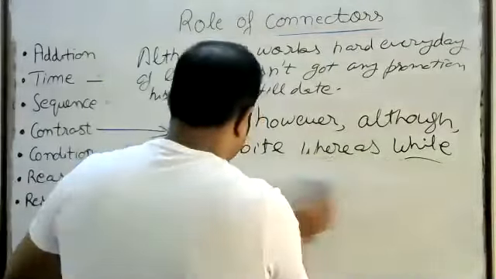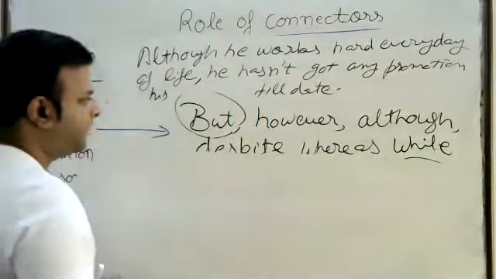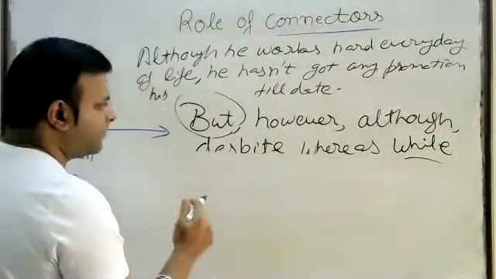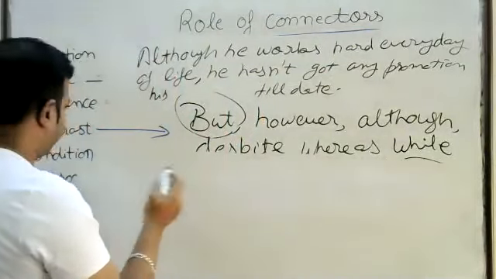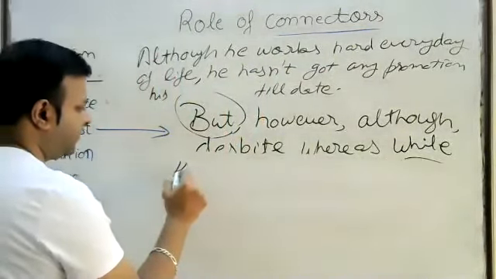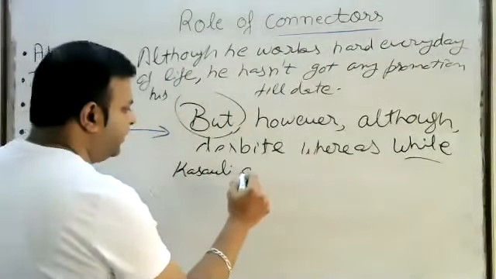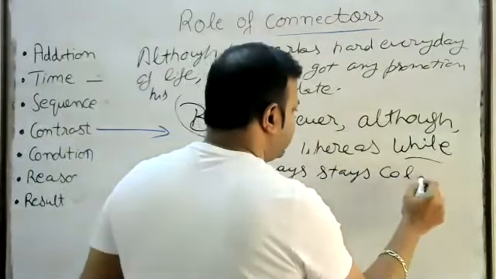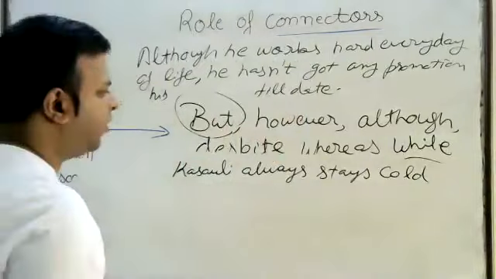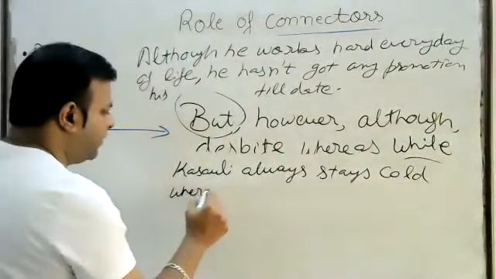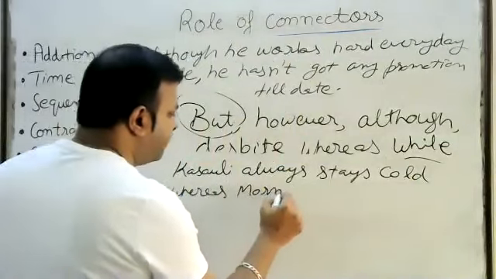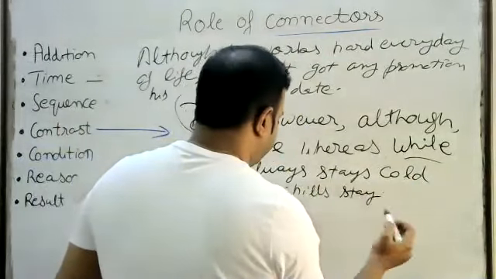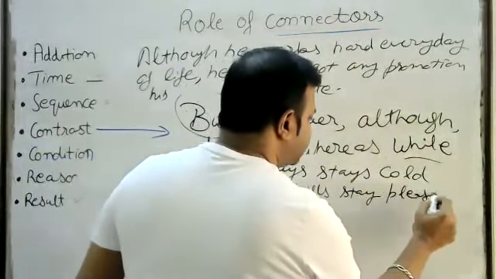Now let's make with whereas. Let's say we can make contrast here. Kasoli always stays cold, right? Whereas Morny Hills stay pleasant.